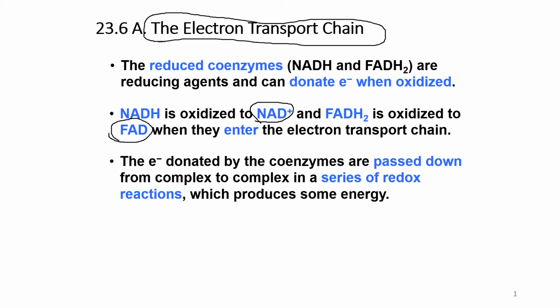The electrons that are transferred to the electron transport chain migrate from complex to complex and undergo a series of redox reactions, which produces some energy.